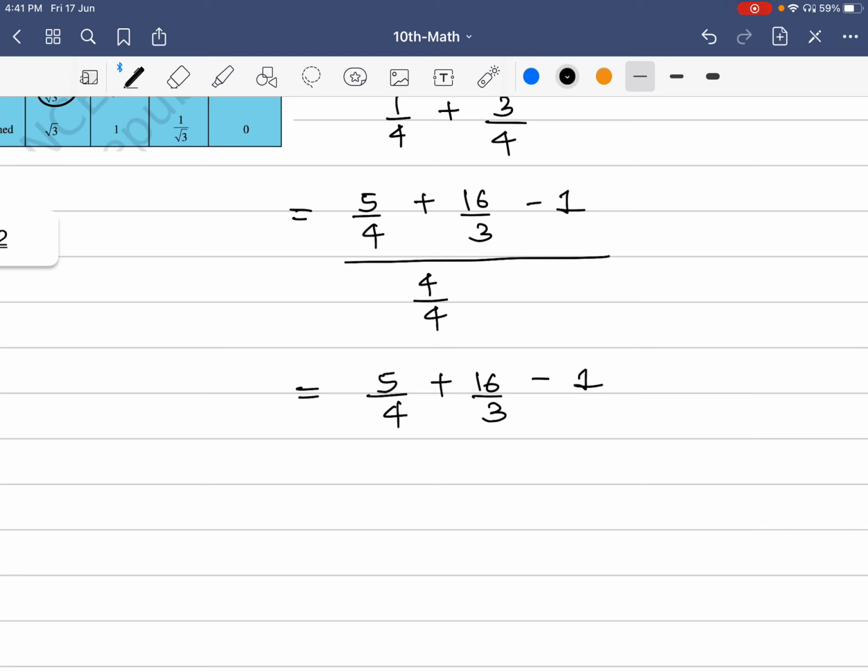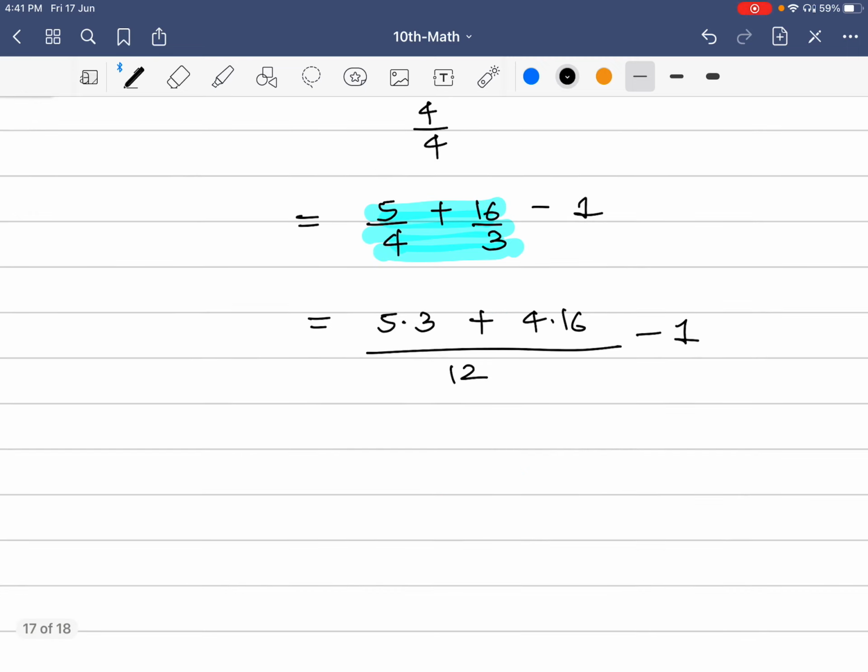Now first we are going to evaluate this expression. So that is equal to 5 into 3, 15, plus 4 into 16, the whole divided by 4 3s are 12, minus 1. So that is equal to 5 3s are 15 plus 4 into 16, 64, whole divided by 12, minus 1.